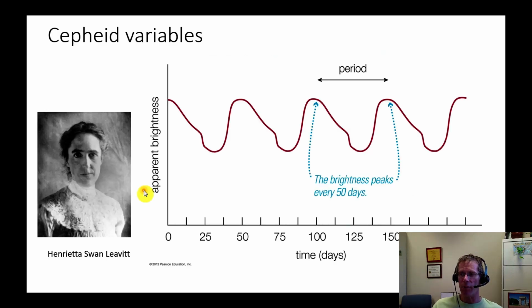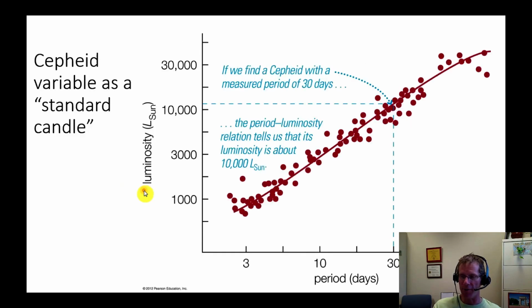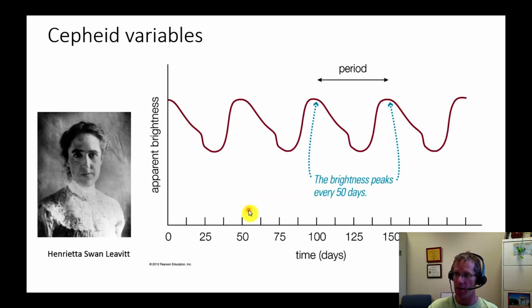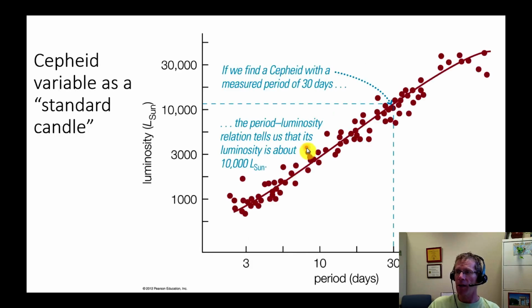She noticed there was a relationship between the luminosity of the Cepheid variable and the period of its brightness change. The shorter the period, so the less time between maxima, the smaller the peak-to-peak distance, the less the luminosity.